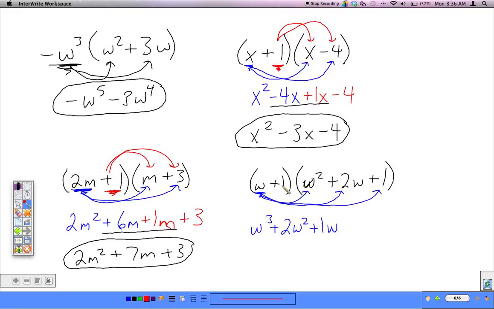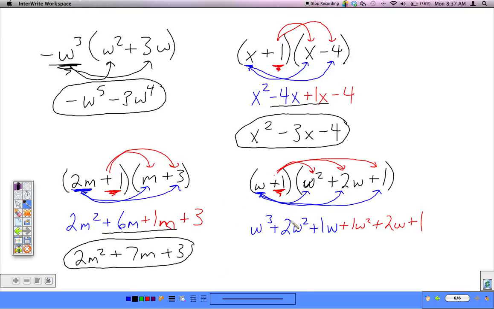And then we have our second term, which has to distribute to all 3 of these as well. So 1 times w squared will leave 1w squared. 1 times 2w will be 2w. And then 1 times 1 is just 1.